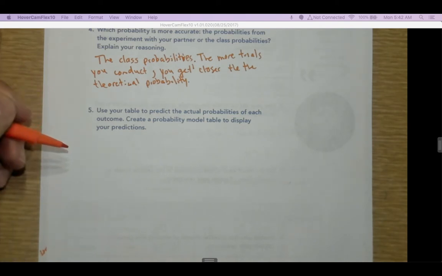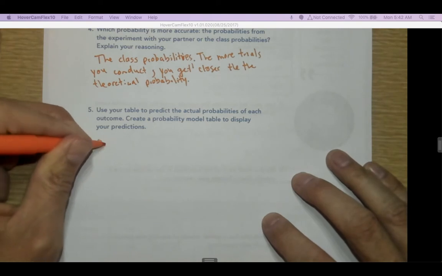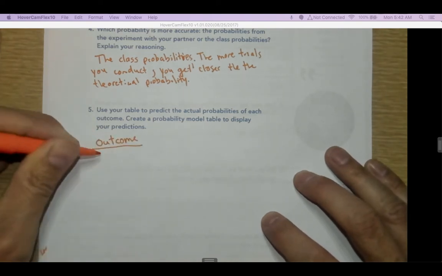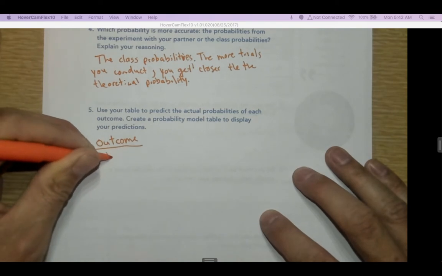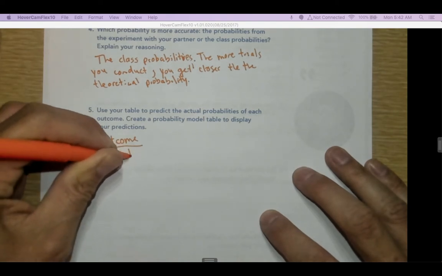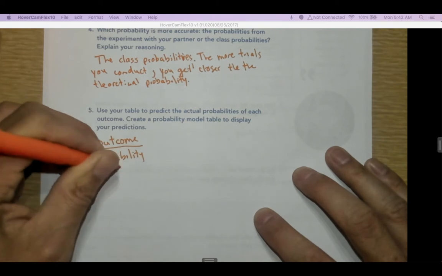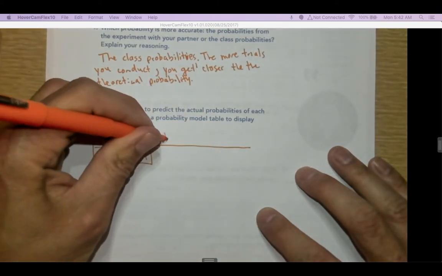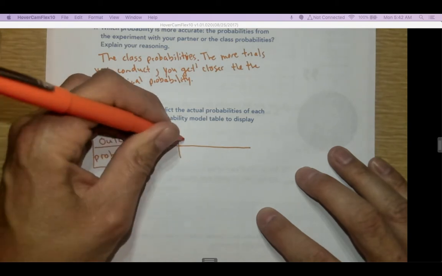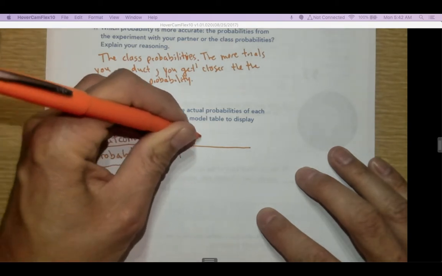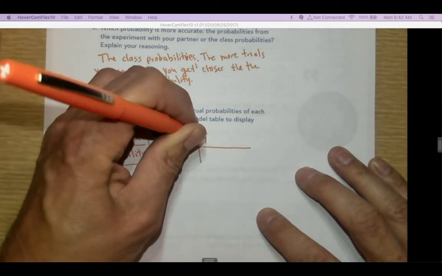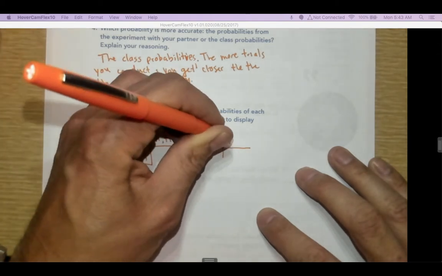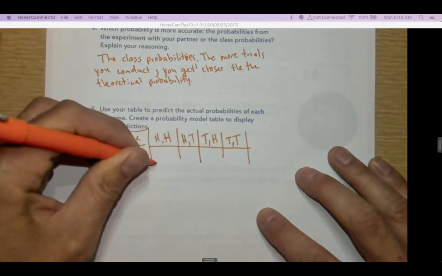Okay, so I was kind of talking about this before. I kind of was doing this. We have our outcomes and then we have our probabilities. And with that, we could have heads, heads, could have heads, tails, could have tails, heads, or we could have tails, tails.